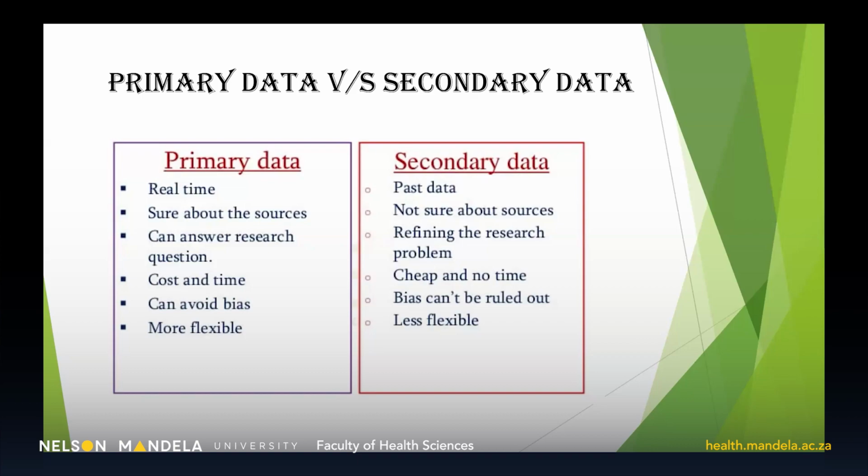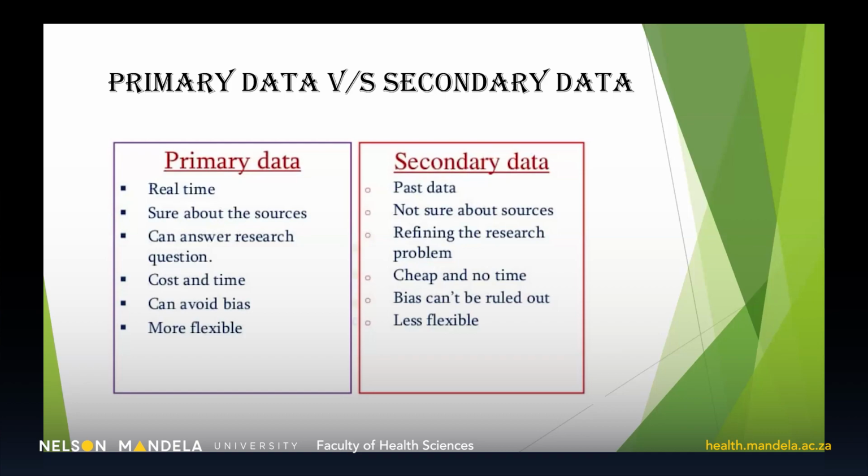But secondary data is past data. We sometimes call it old data. You're not sure about the sources. You have an idea: it was collected at Albert Luthuli in Durban, but it was collected by other doctors. But you want to come and do your master's now, so you use that data that's in the files, but you might not be sure how it was collected.